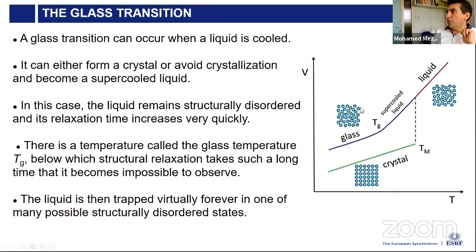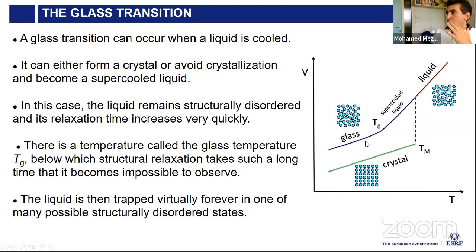If you look at the standard volume diagram, the glass transition can occur, not always, when a liquid is cooled. If you cool a liquid, it can either form a crystal at the melting temperature, or it can avoid crystallization and become what we call a supercooled liquid.